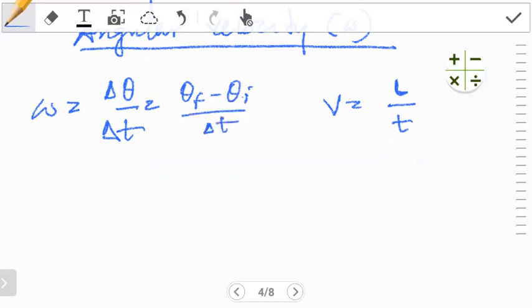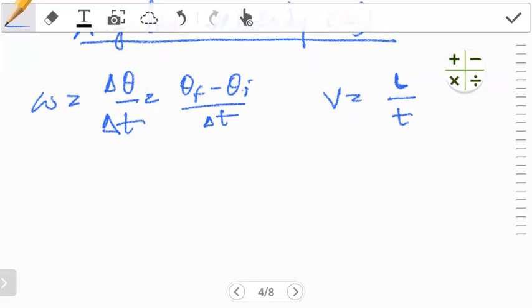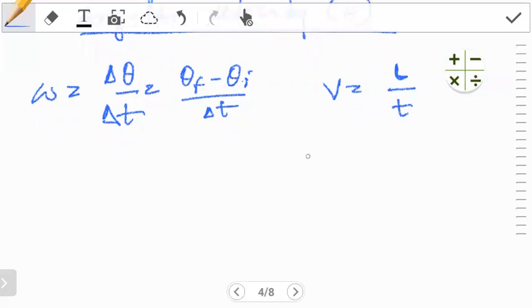Now, when it comes to the relationship between angular velocity and linear velocity, all we have to do is start from here. For velocity in a straight line, we say tangential velocity. The original definition is the displacement over time.